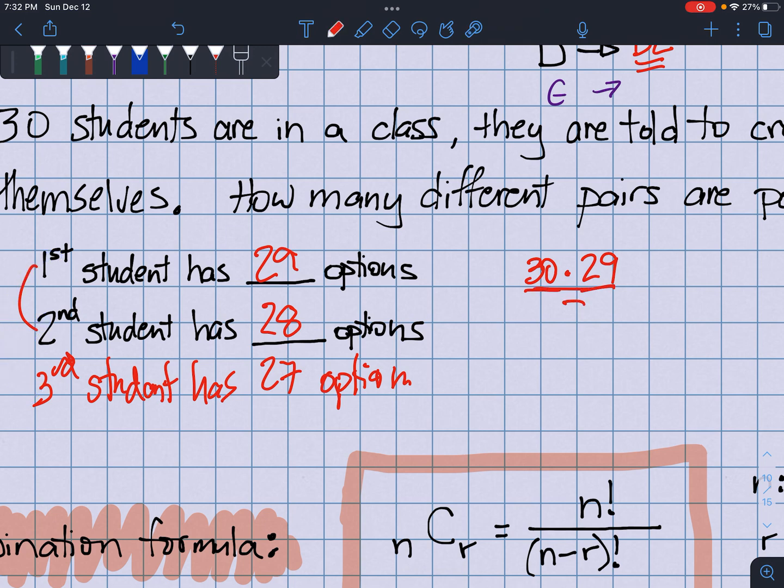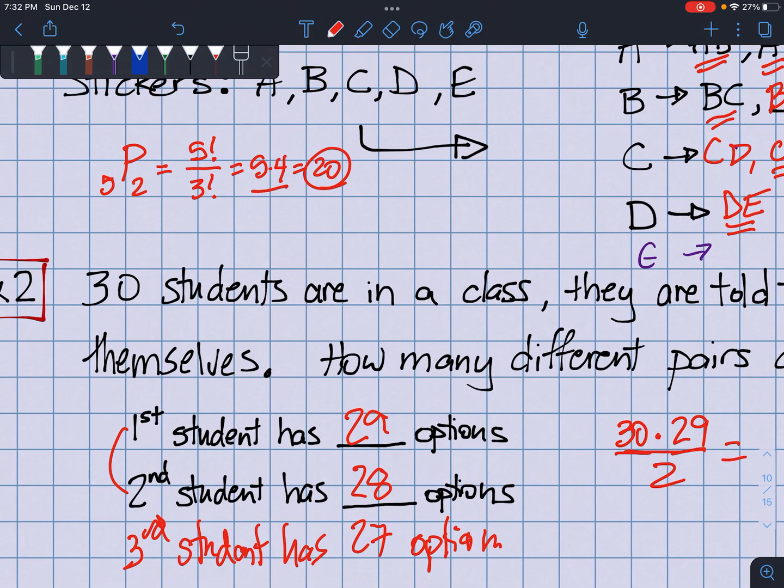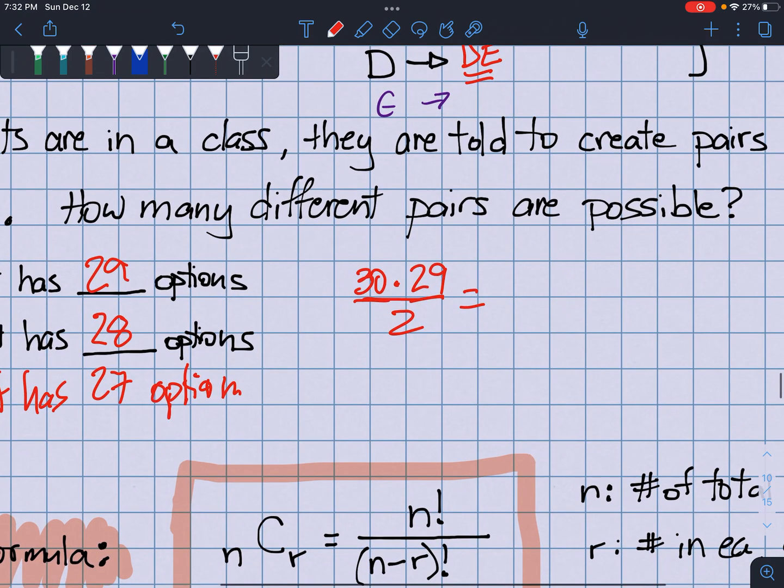So if we take this answer and divide by 2, like we noticed the shortcut up here was 5 times 4, divided by 2, this does end up giving me the correct answer, which is 15 times 29, which I'm now trying to do on my calculator. 15 times 29. I get 435.